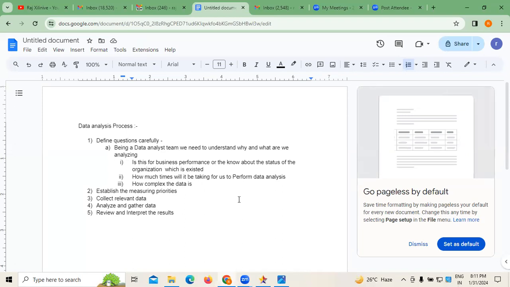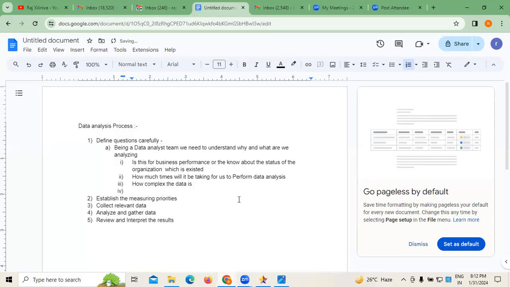How complex the data we have taken, because it depends on organization to organization. Whatever data we have taken may vary. It will not be the same all the time, right? So data may change from time to time, because there will be some complex data involved. Sometimes there may not be much complex data, right? So that may vary. So the complexity of data is something we have to look at. This is where generally how complex the data is.